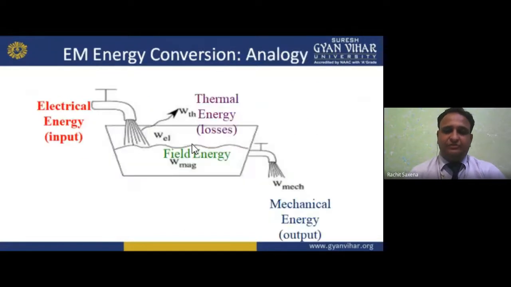Now moving forward, a simple analogy for electromechanical energy conversion. See here, this is your electrical energy tap input. Now this is your field energy. Some can go out, that is thermal energy losses, and another is mechanical.